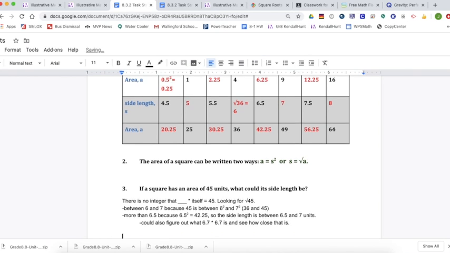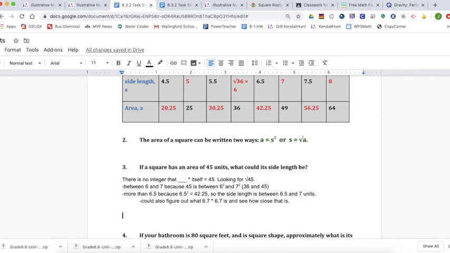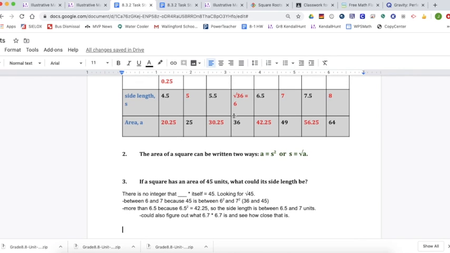The other thing we could be reasoning about is just the simple act of saying, well, it's between 6 and 7, because 36 is less than 45, and 45 is less than 49. So you could say the square root of 45 is between the square root of 36 and the square root of 49.